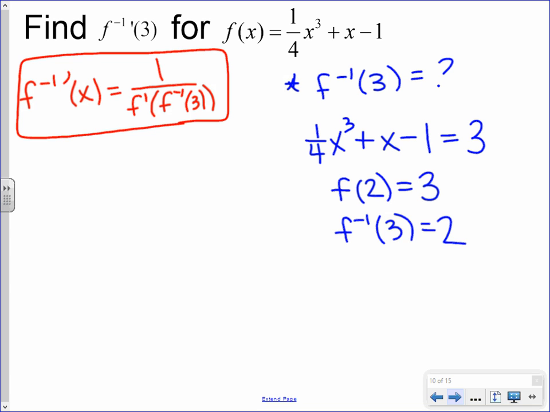All right, so we can come back over here. We know that f inverse prime of x is 1 over f prime of, we have now determined that f inverse of 3 is 2. So now we need f prime of 2.